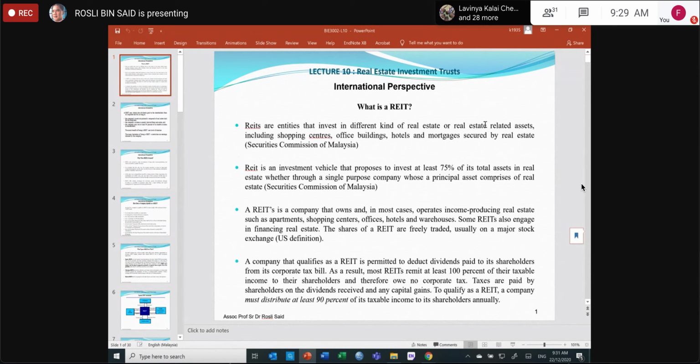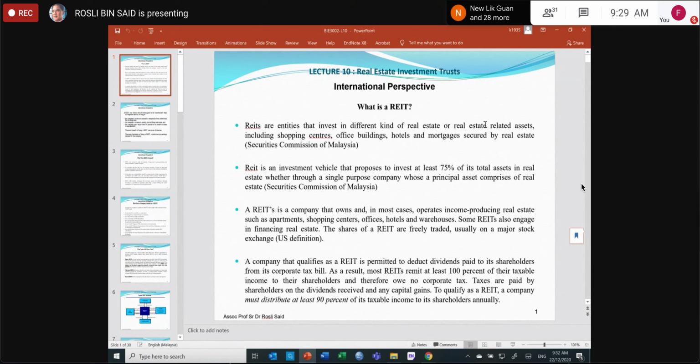In terms of returns in Malaysia, it's about 6% on average. The best REIT at the moment is Axis REIT, which is doing well. In fact, if I'm not mistaken, it was the first REIT offered in the market, in 2004. It was the first REIT in Malaysia, and now we have about 18 REIT companies.